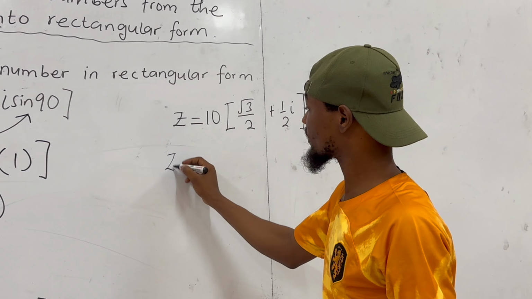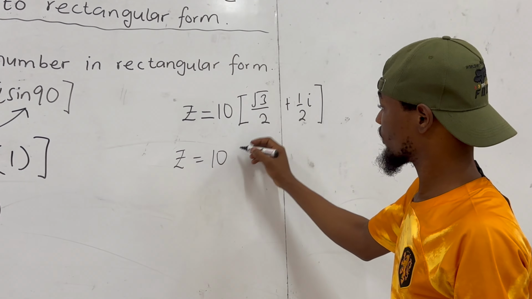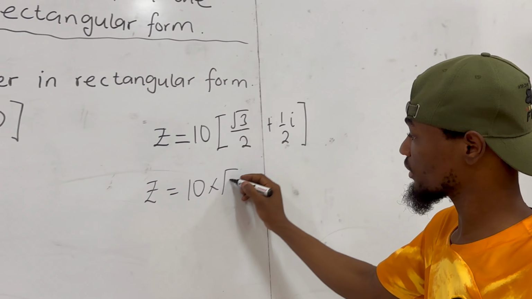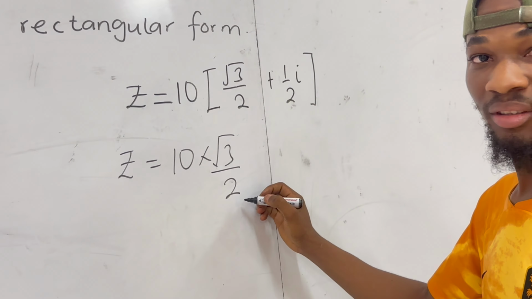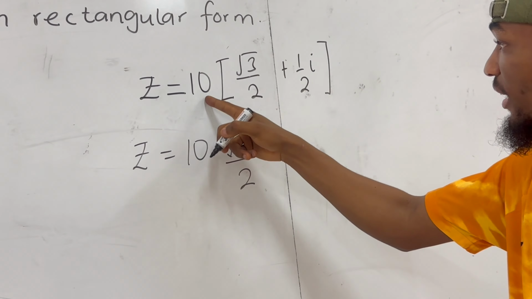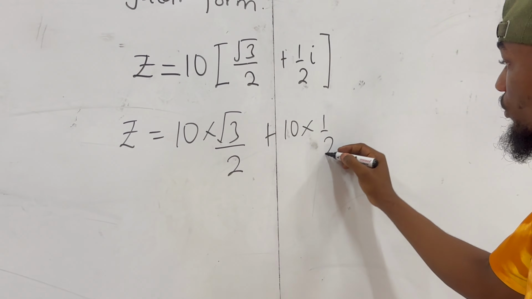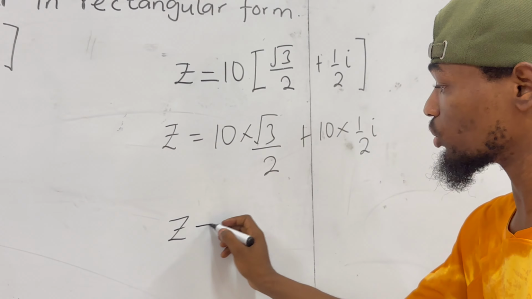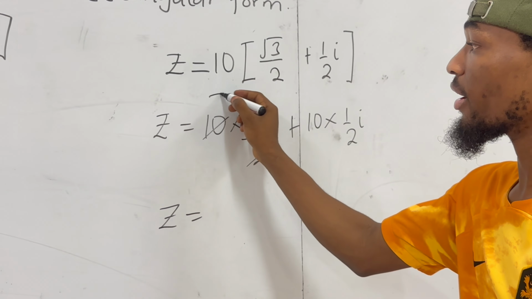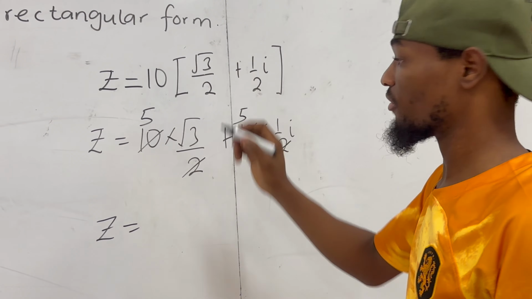So this is the same as z is equal to 10 times root 3 over 2 plus, then this 10 will multiply this. I have 10 times half, then i. So I have z to be equal to 2 divides here 5. 2 divides here 5.